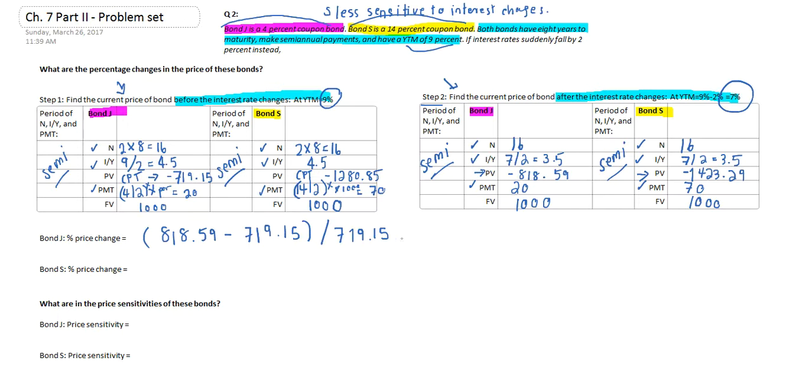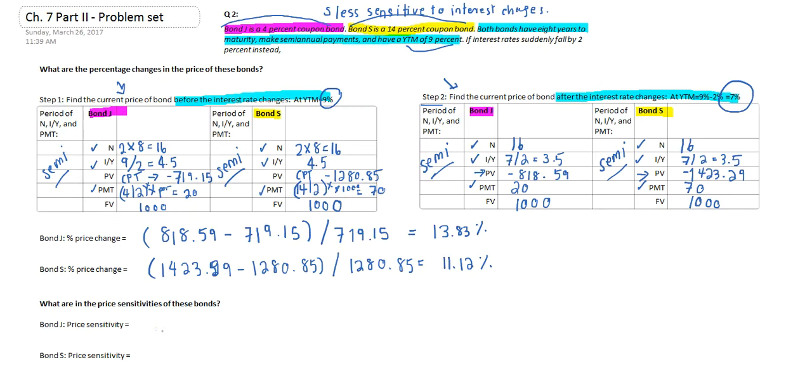So then we divide by the original price before the interest rate change, and I got 13.83%. For the second one, bond S, we do the same. The price after the interest rate change, subtract the price before the interest rate change, and then divide by the price before the interest rate change, and I got 11.12%.